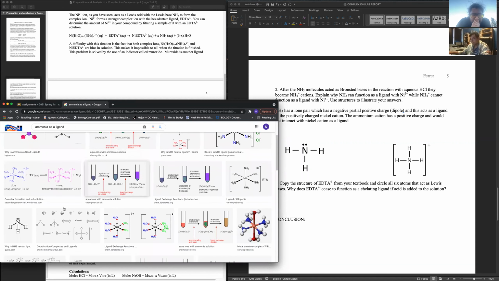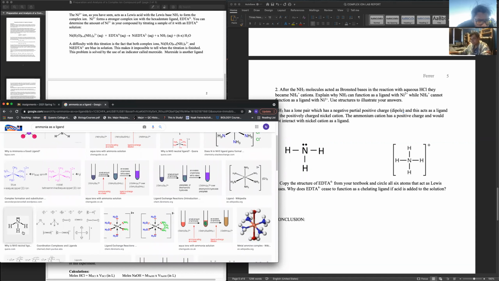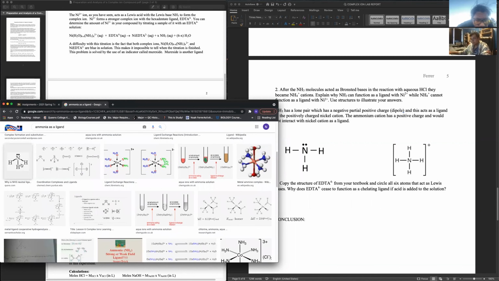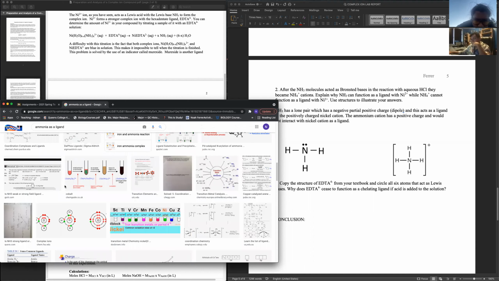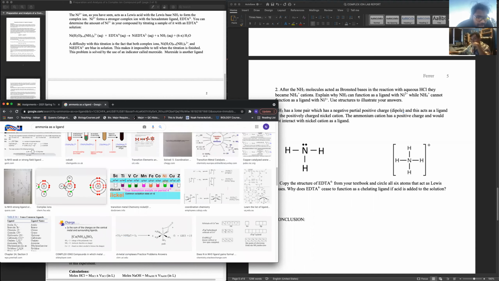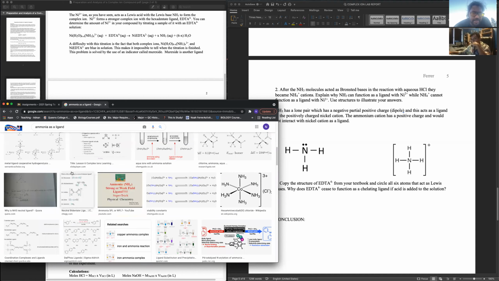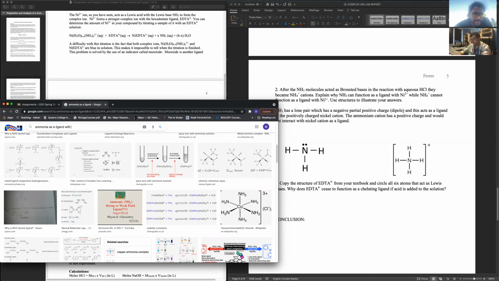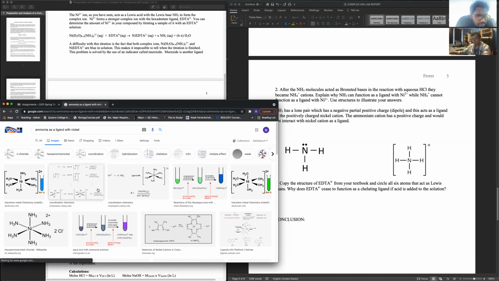Let's see. Keep scrolling. Oh, you know what? Write ammonia as a ligand with nickel. Yep. You can go to maybe that one underneath it.